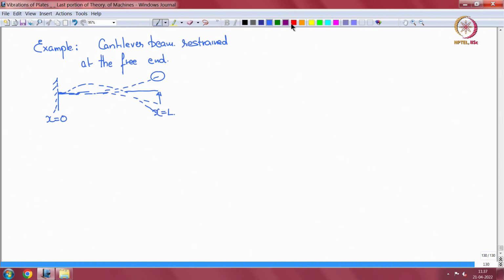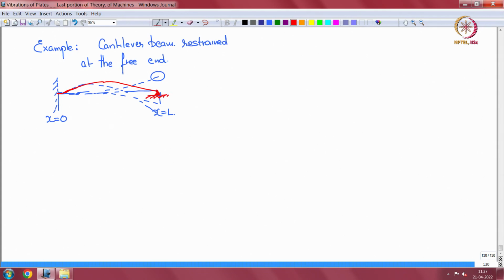But now what do we say? We say that we want to put a constraint. That means the beam could be vibrating like this, but here it has to be pinned. So you have to have 0 displacement, the 0 slope is there for sure, but here it is restrained by a pin.